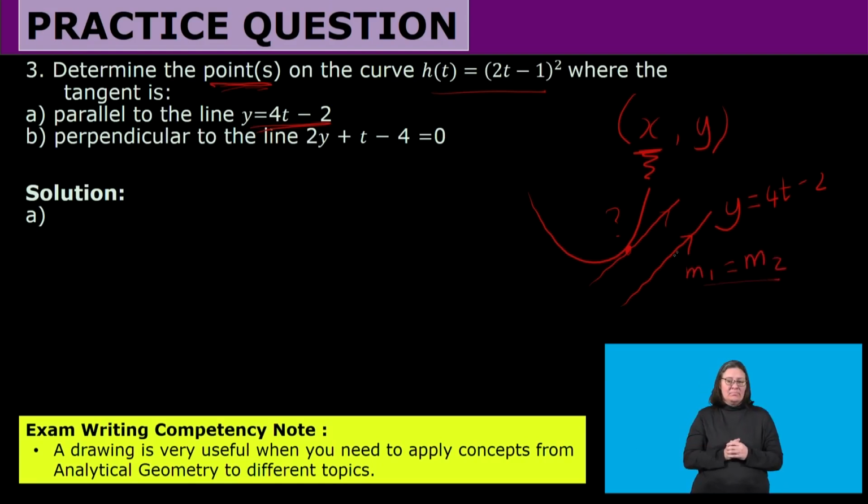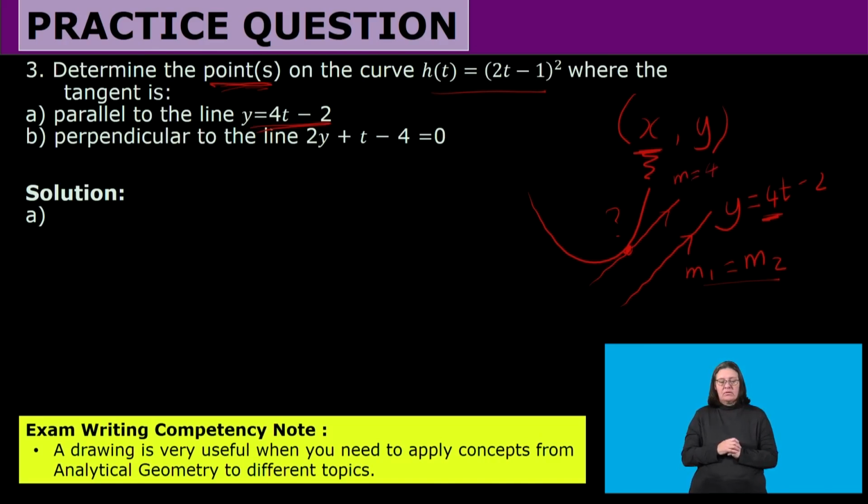The gradient of this line, that's nowhere near this curve, by the way, it's just parallel to the tangent, is 4, and the gradient of this tangent, which is touching the curve, is also going to be equal to 4.